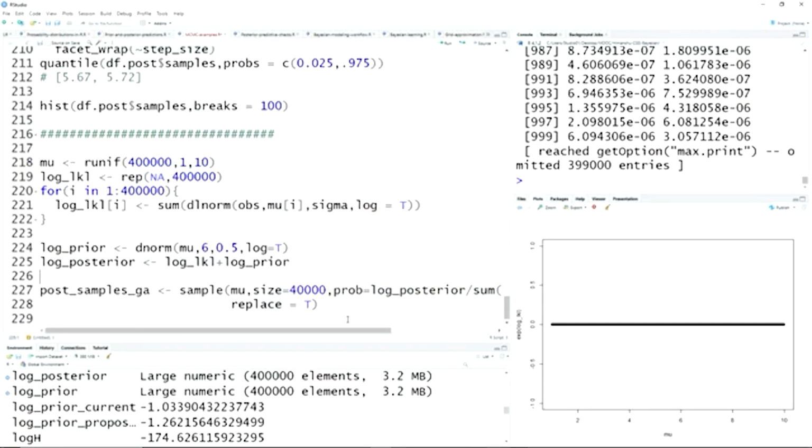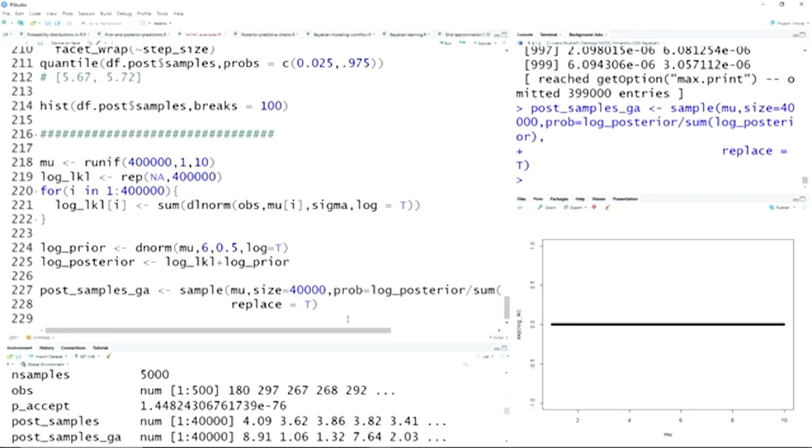So basically you have normalized these log posterior densities, right? So this may work now. So now we have got samples from the posterior using grid approximation.